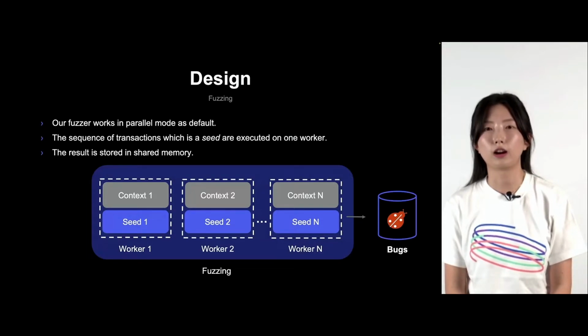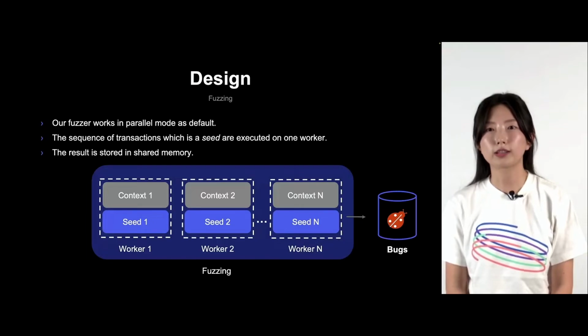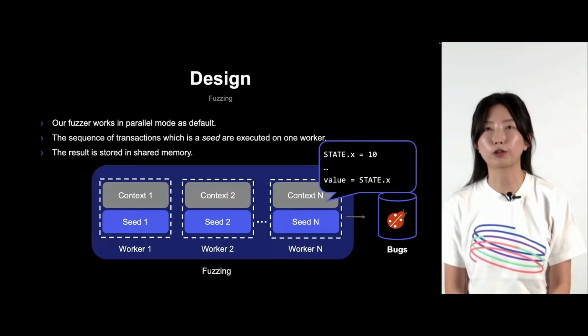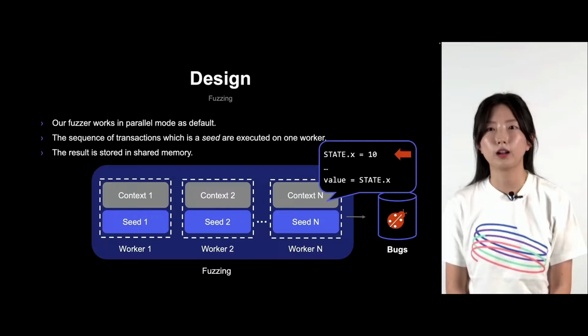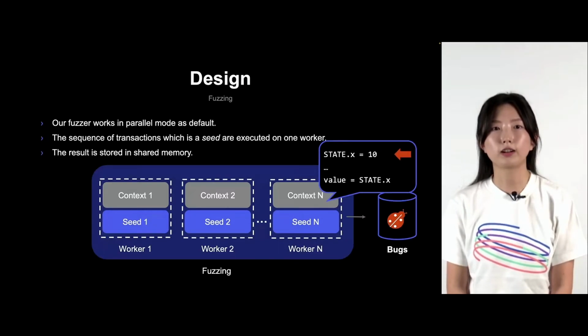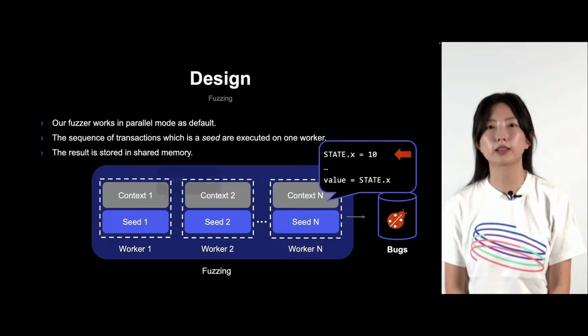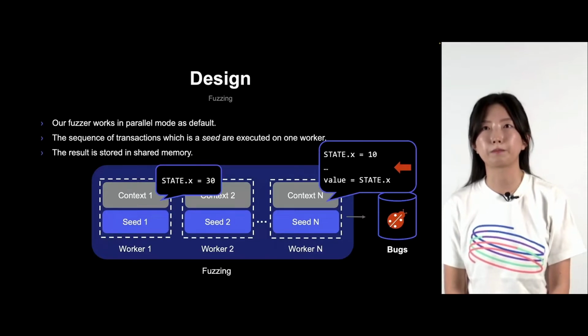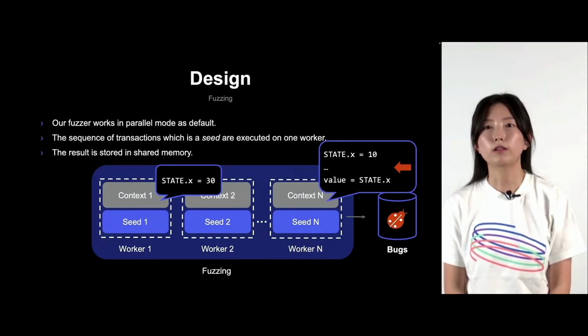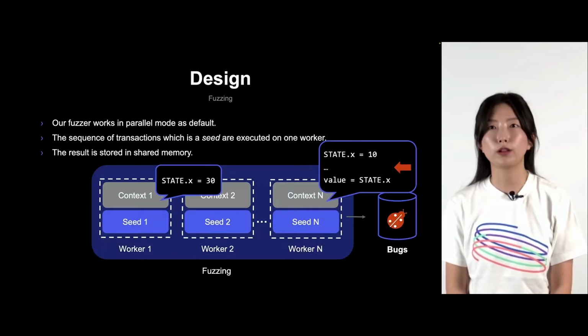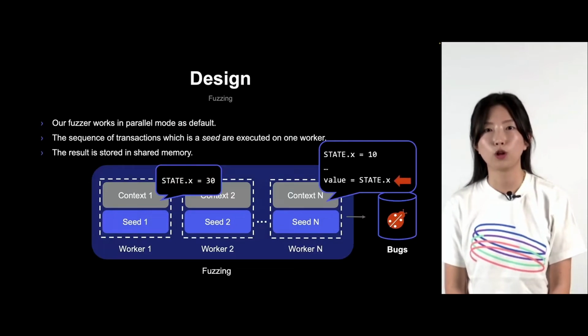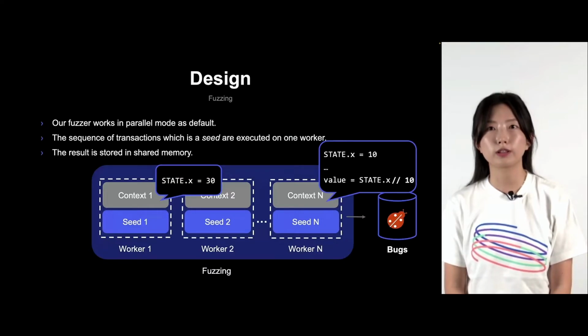For example, in worker N, state X is set to 10, but in worker 1, because a certain function was called, state X is changed to 30. In worker N, the value of state X stays 10. So even if you change the state in seed 1, it does not affect the state of seed 2.